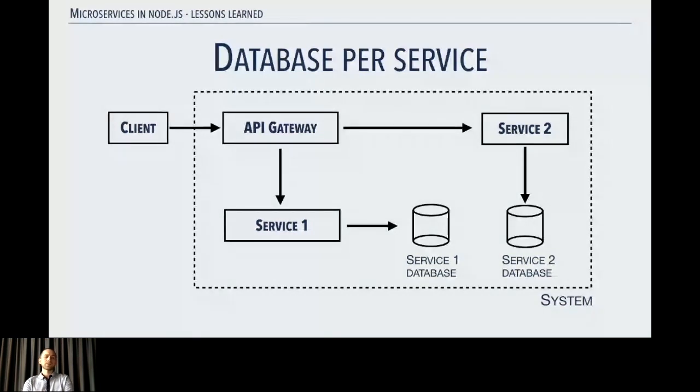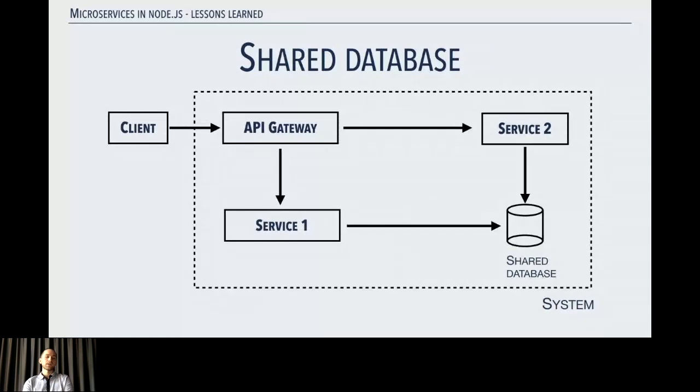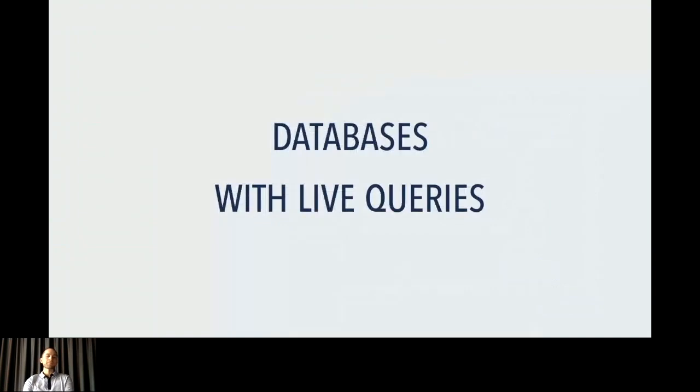The other approach is to use a shared database. We are simply using one database for more than one service. It's harder to scale, but on the other hand, it's easier to write queries and easier to keep data consistency. In this project, we are actually using a shared database, but with something we call live queries.